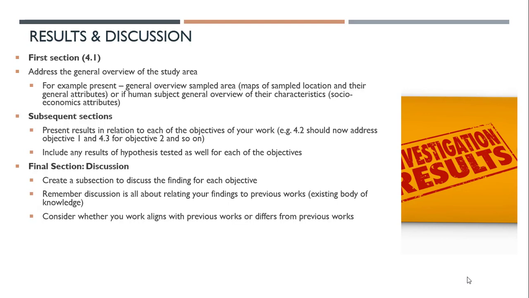Is it in agreement with previous works, or is it contrary to previous work? So you want to situate your work within the existing body of knowledge. So in discussion, that is what you do. You relate your current work to previous work.